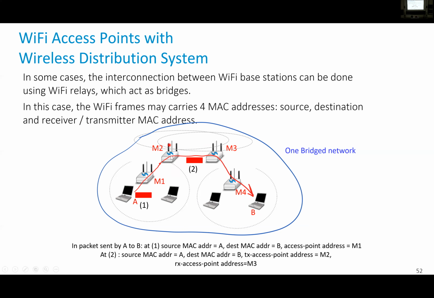So we need to have the address of M2, the address of M3, the address of A, and the address of B. This is why, if you do, in such a case, a Wi-Fi analysis with Wireshark of your Wi-Fi packet, you will find source address A, destination address B, and then fields like transmit access point address and receive access point address. So you can find up to 4 MAC addresses. Other than that, the Wi-Fi header is essentially like the Ethernet header. Voila, thank you for your attention.